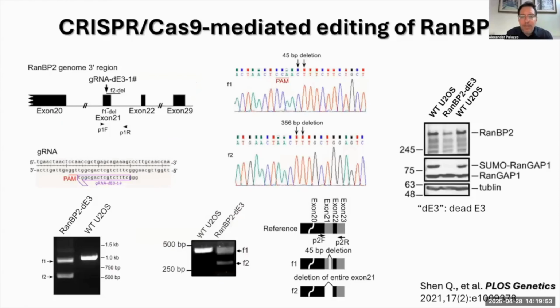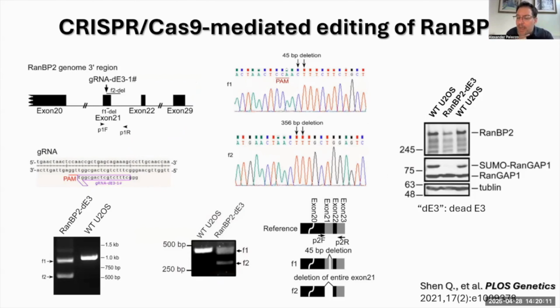To really investigate how this E3 SUMO ligase domain works, so this is an enzyme, it catalyzes this reaction, the transfer of SUMO, we want to know how that works and how that modulates the function of RanBP2.